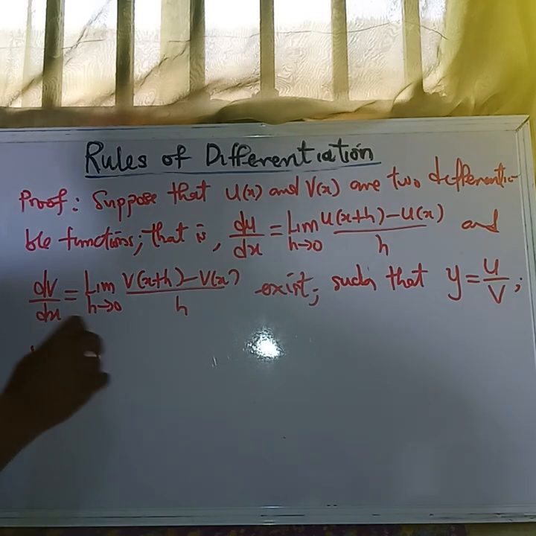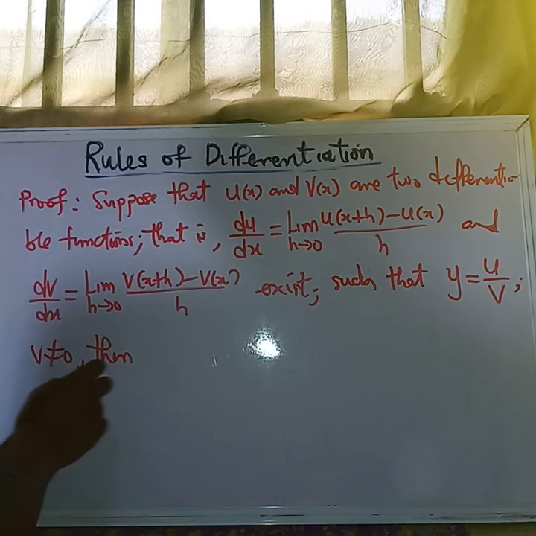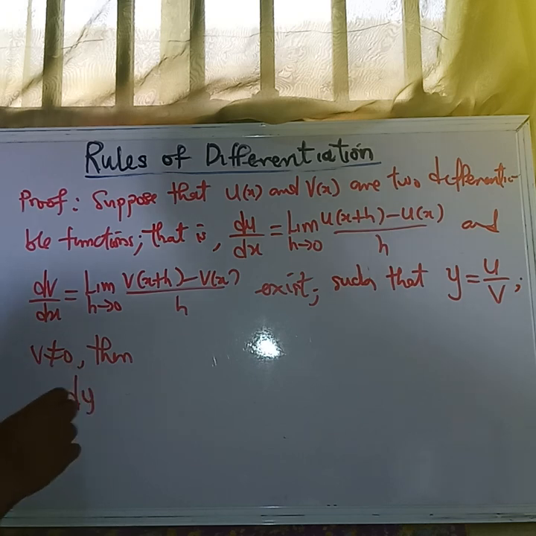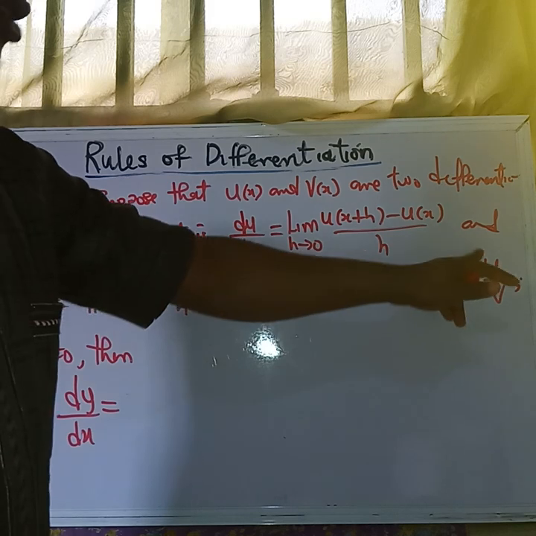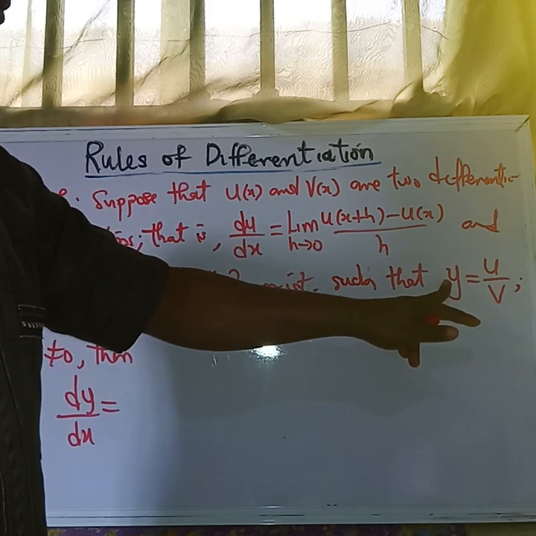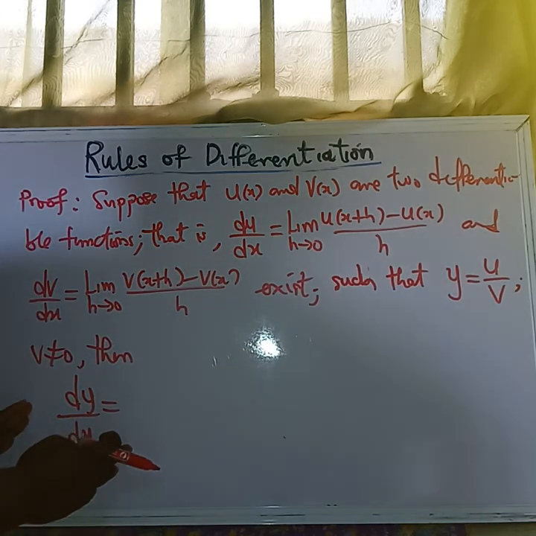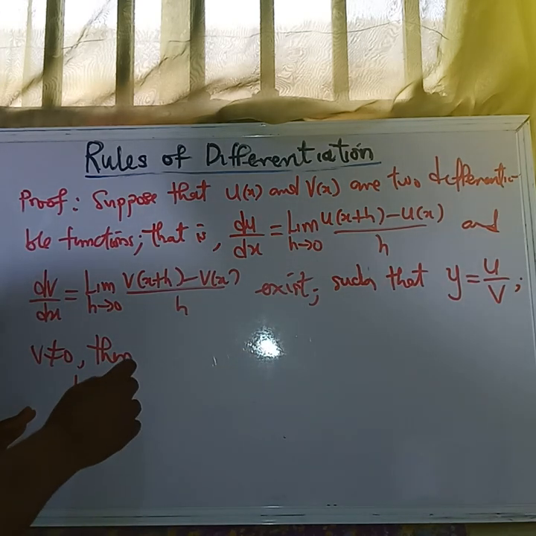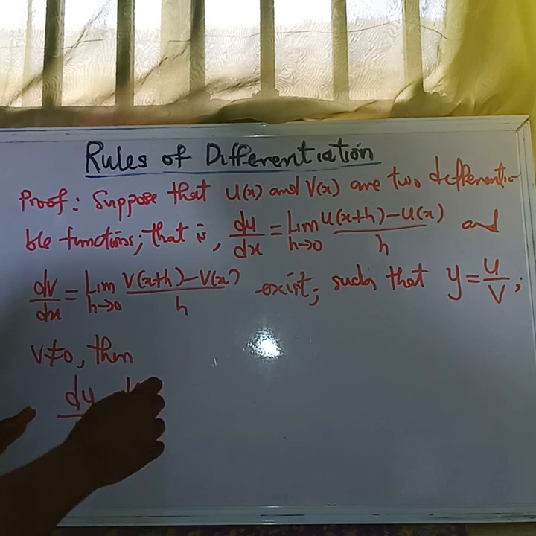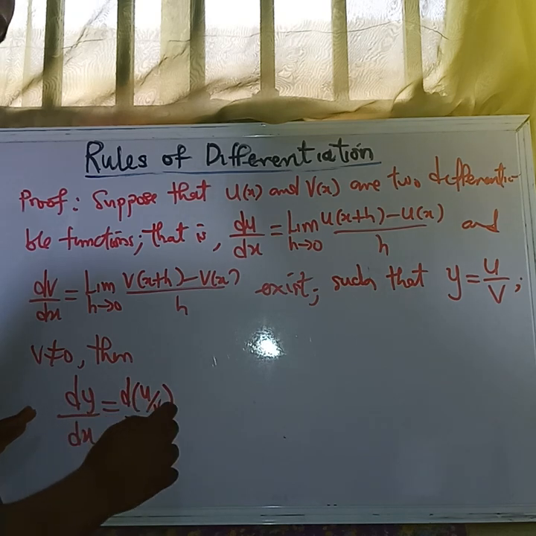Then we want to look at the derivative of y with respect to x. That is, if this function is given as u over v, we want to look at the derivative of this function with respect to x, just like what we have here. Literally this means the derivative of u over v dx.